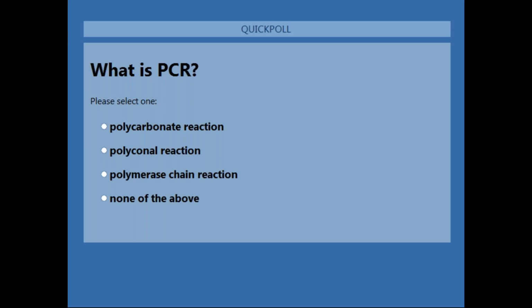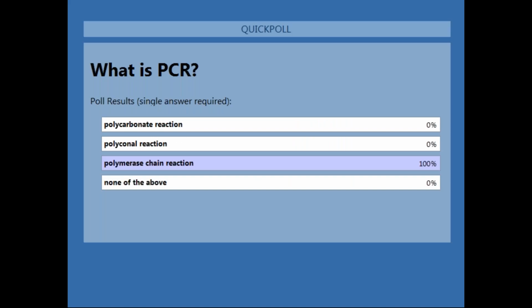And I'm going to go ahead and close up this poll. And as to be expected from our fantastic audience, it was 100% correct on the polymerase chain reaction for what is PCR.